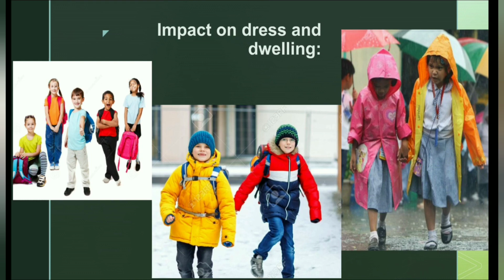There are three pictures. These pictures show three conditions of weather and climate: hot, cold and rainy. The first picture is showing the hot weather, then the cold or winter, then the rainy. So this weather and climate actually change your lifestyle and your dress style.